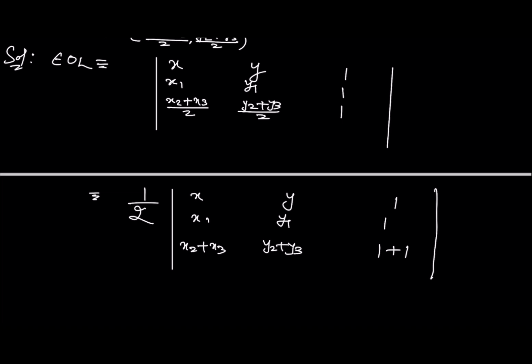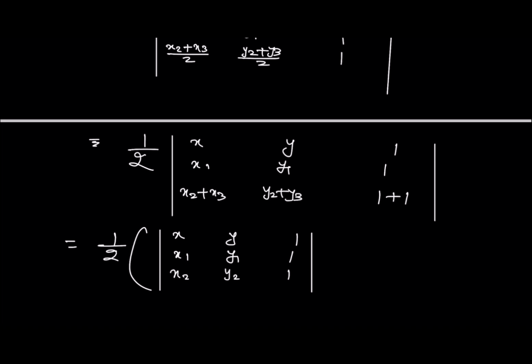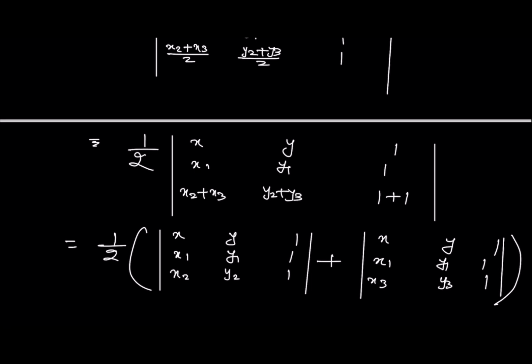Now, using properties of determinants, this can be written as the determinant x y 1, x1 y1 1, x2 y2 1, plus the determinant x y 1, x1 y1 1, x3 y3 1. This is the final answer.